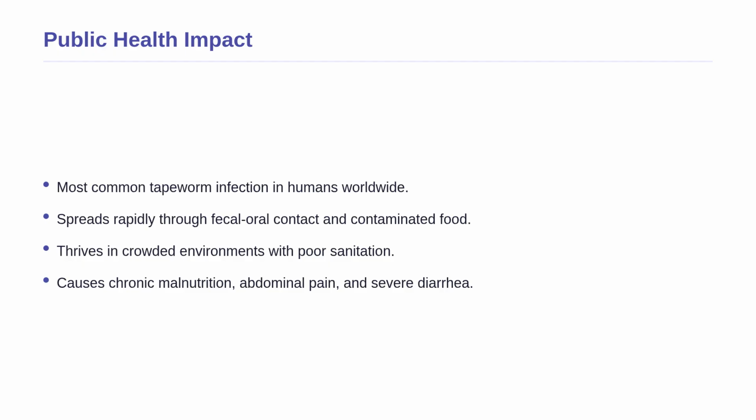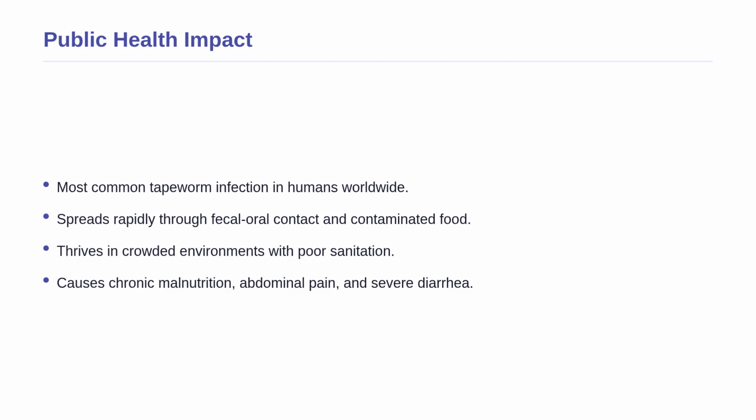This explosive reproductive capability brings us to why this parasite is a massive global health concern. Hymenolepis nana is actually the most common tapeworm infection in humans worldwide. It primarily affects children in areas with poor sanitation, spreading rapidly through fecal-oral contact or contaminated food and water.